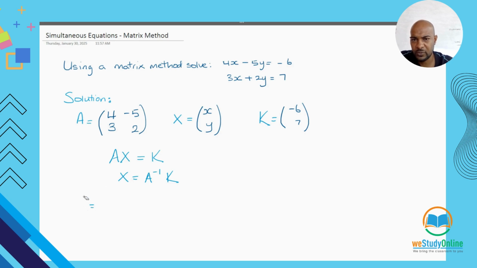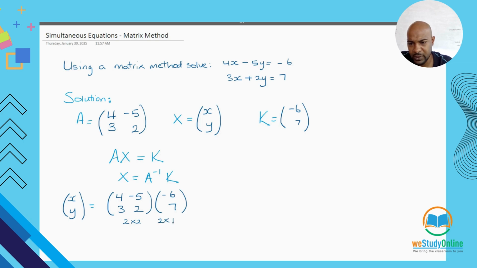So I'll begin one time by putting x and y here. Now this should give you some kind of indication that the answer you're going to get will be a 2 by 1 matrix, meaning that you're going to have 2 rows by 1 column. And we know that is true because when I multiply a 2 by 2 by a 2 by 1, the middle numbers show that it's compatible.